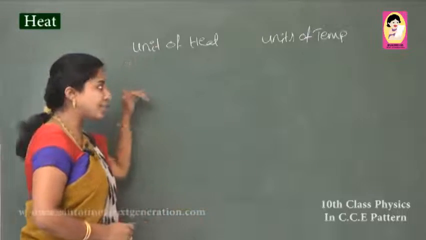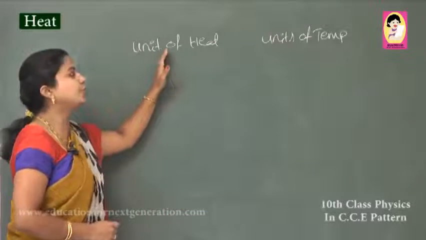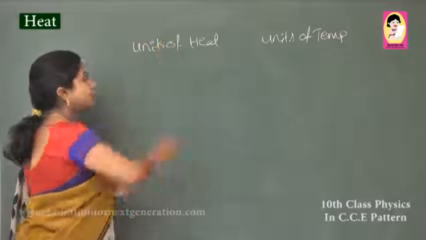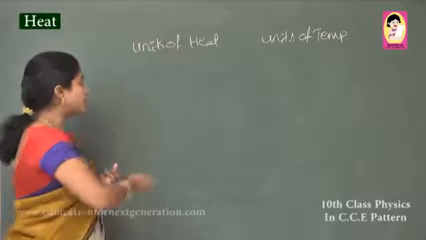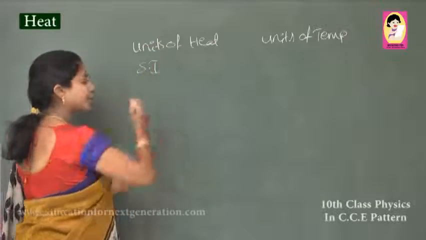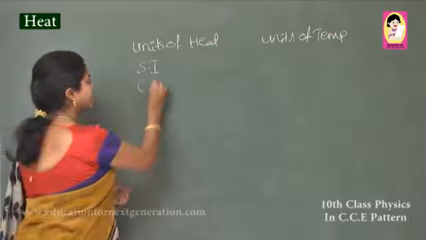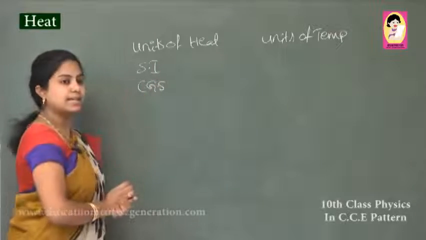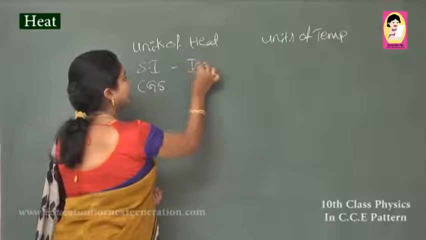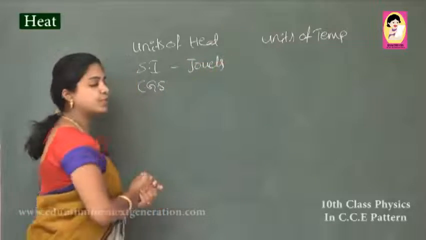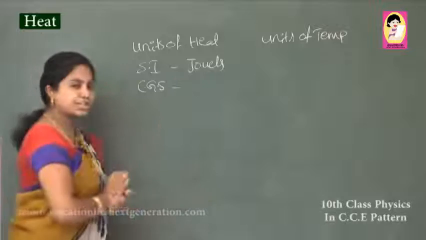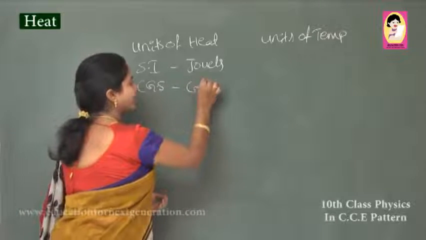In terms of measuring, we use units. For units of heat, we can give units in two ways, SI units and CGS units. If it is SI unit, joule is the unit for heat, whereas in CGS unit, it is calories.